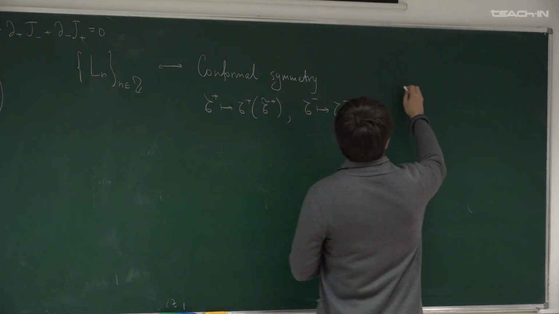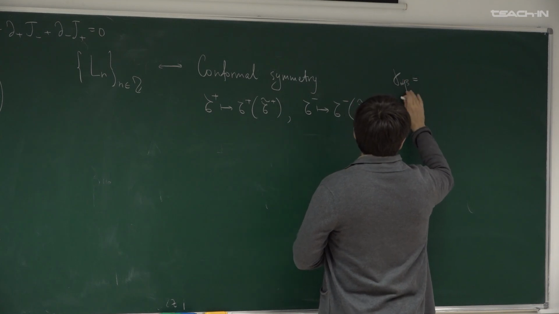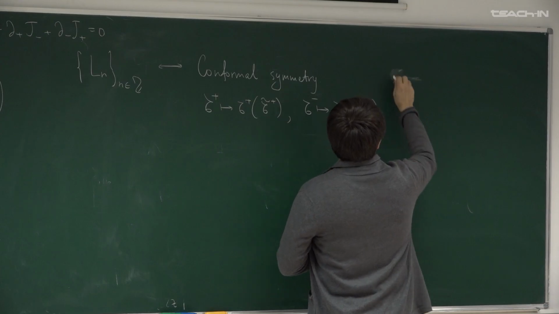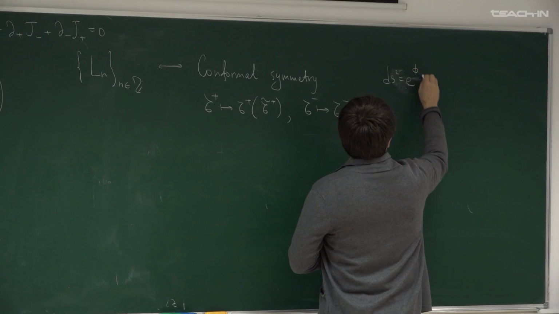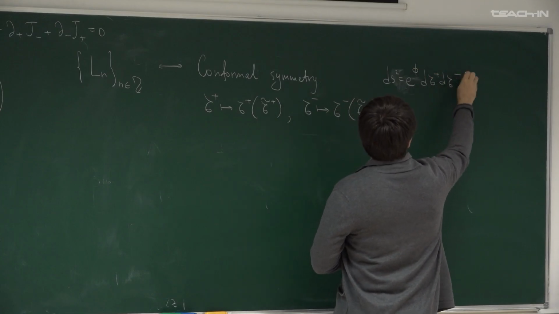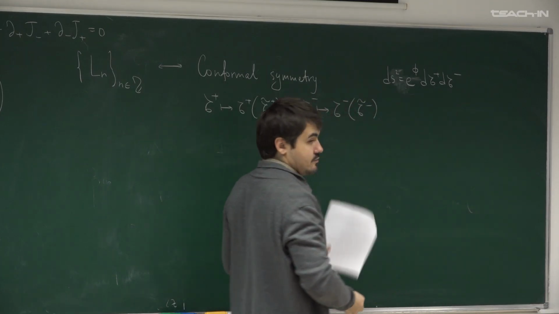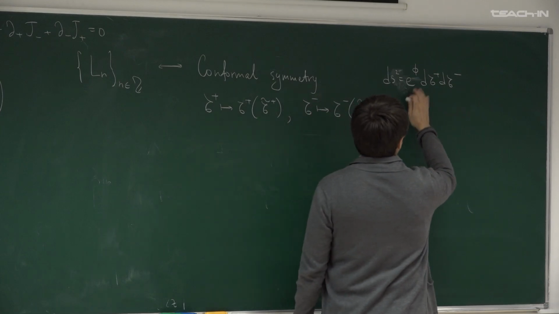I mean, the idea is that the gauge is... maybe I should say that this is ds squared equals e to the phi d sigma plus d sigma minus. This form is preserved under conformal transformation. So there's some additional factor that will appear.